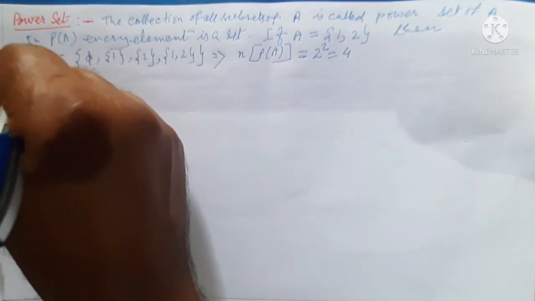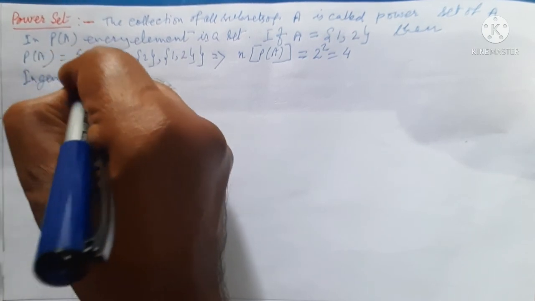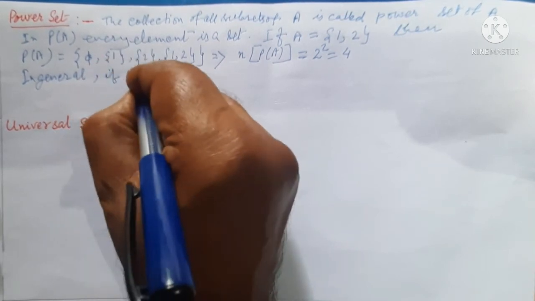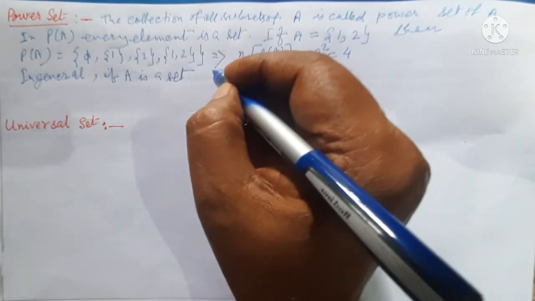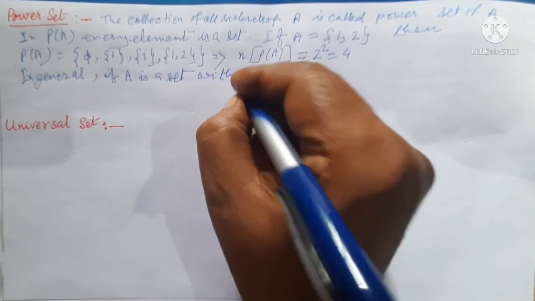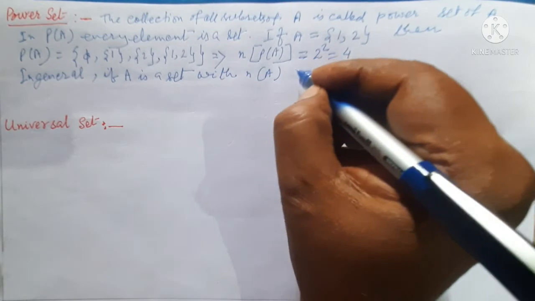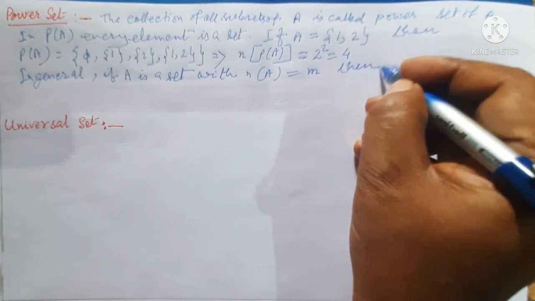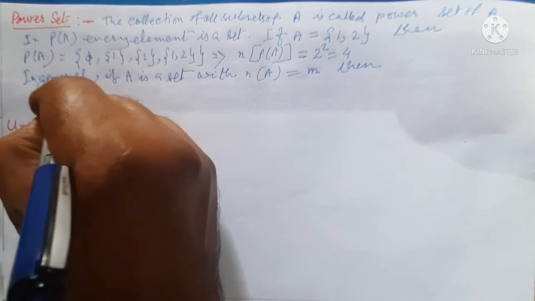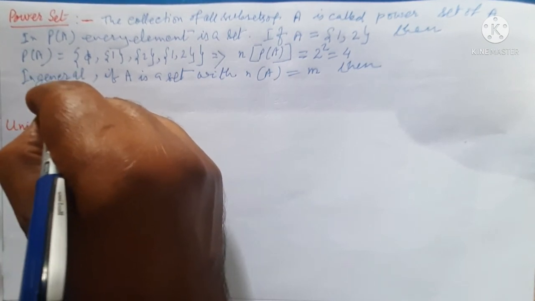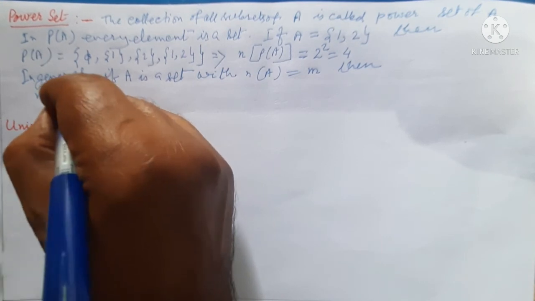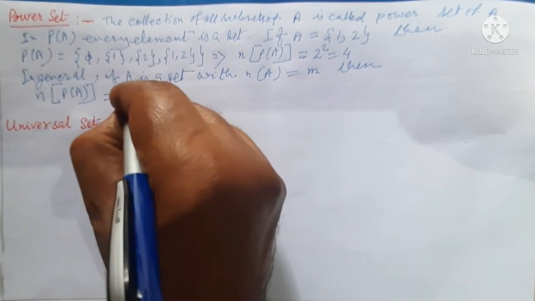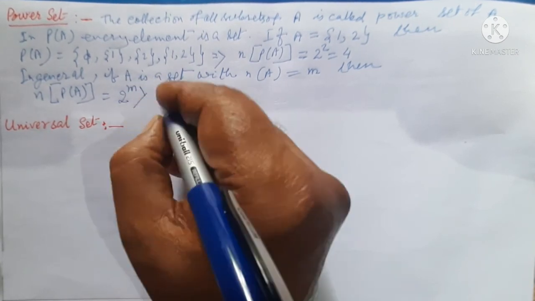In general, you can say if A is a set with cardinal number of set A equal to m, then the cardinal number of the power set of A is equal to 2 to the power m.